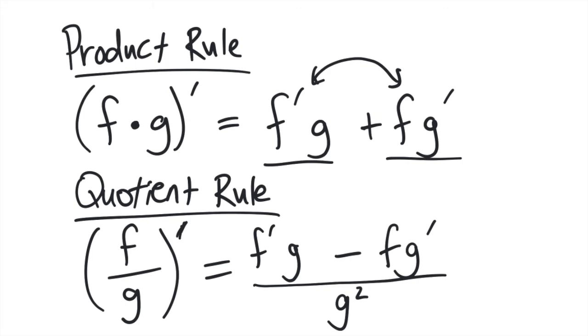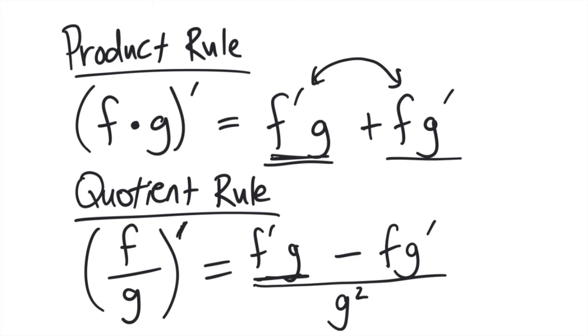So, like I said, in the product rule, you can flip around the terms if you want to, because multiplication and addition are commutative. I don't really recommend that though, because then you're lining up the f prime and the g with the f prime and g down here in the quotient rule, and the f g prime up here and the f g prime right there.